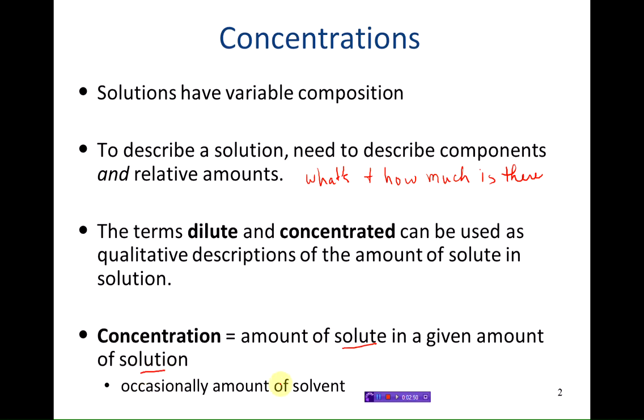We don't have solvent here, but the concentration is the amount of solute in a given amount of solution. So we'd see something like this, especially for molarity. But occasionally the amount of solute is given per amount of solvent, and we'll see this when we talk about molality. So those are just some examples where those definitions of your concentration differ slightly.